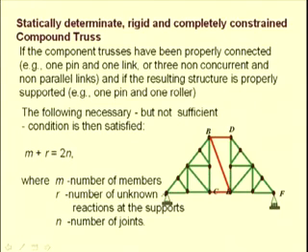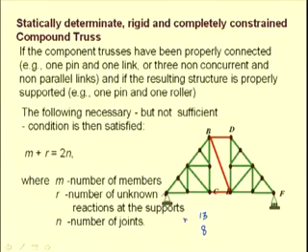Here we have two simple trusses ABC and DEF connected by three links BD, BE and CE. Let us count the number of members. We see that the truss ABC has 13 members and 8 joints.